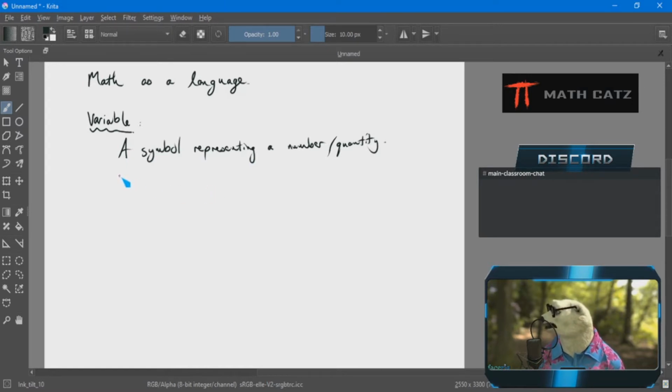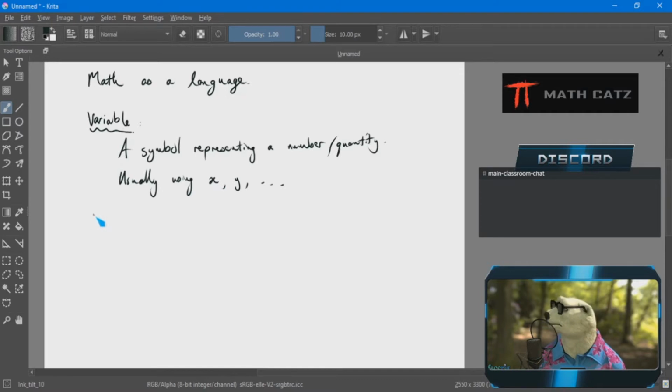Now, we get into the habit of usually using an X or a Y and so on. But it could be any symbol at all. So I kind of want to mix it up and make weird symbols sometimes so that I can be aware of what its meaning is.